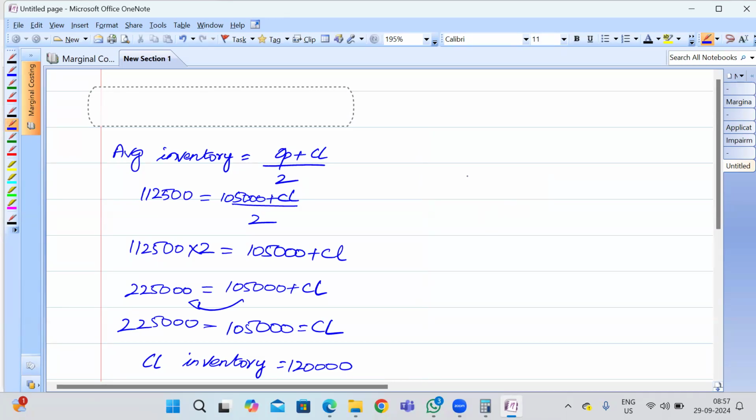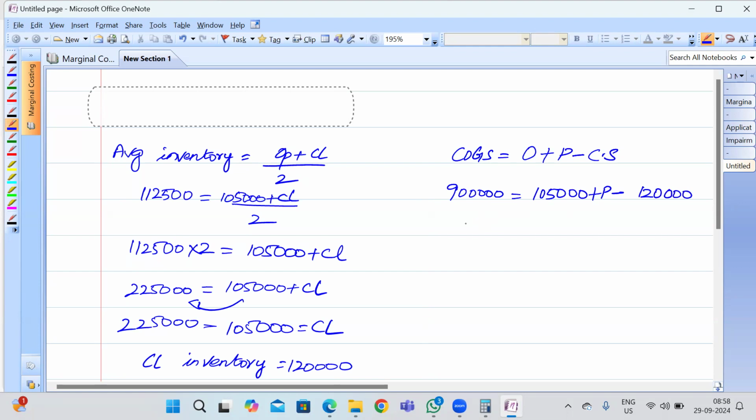So my cost of goods sold, I already calculated, right? Cost of goods sold is equal to my opening stock plus purchase minus closing stock. This is my cost of goods sold, which we already calculated as 9 lakhs. So 9 lakhs is equal to opening stock 1,05,000, plus purchase, which I don't know, minus closing stock 1,20,000. For purchase, we will solve everything together.